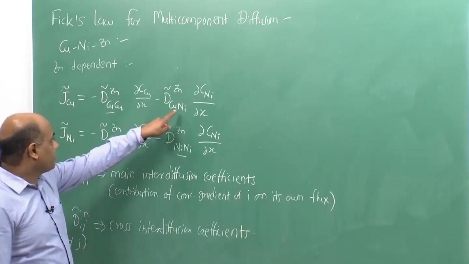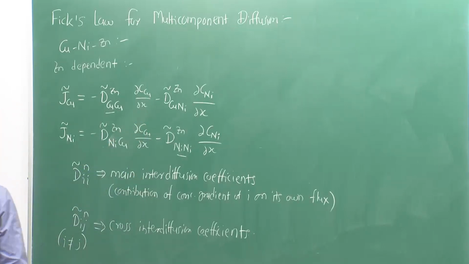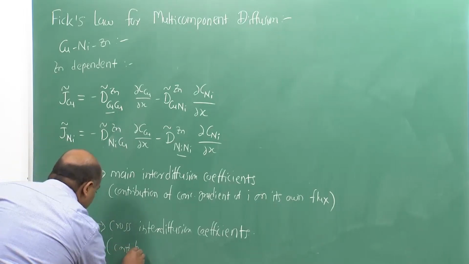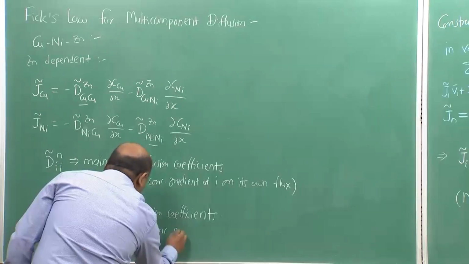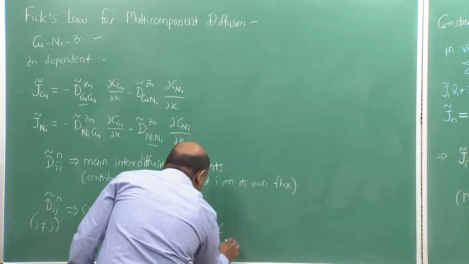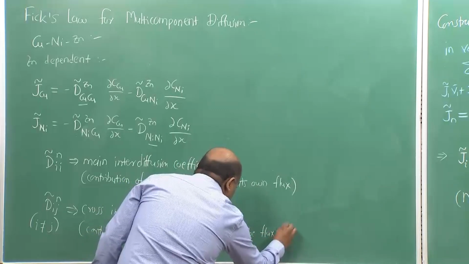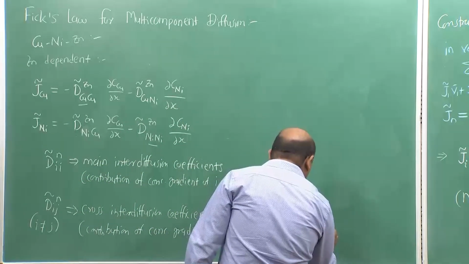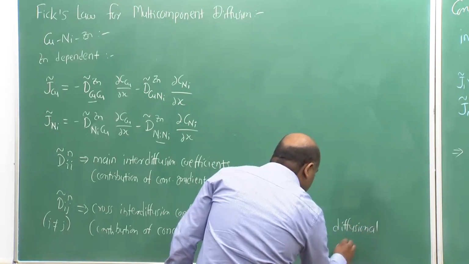So, in this case D copper nickel and D nickel copper are the two cross interdiffusion coefficients, and they are basically the contribution of concentration gradient of j on the flux of i. So, these are basically the quantification of what we refer to as diffusional interactions.